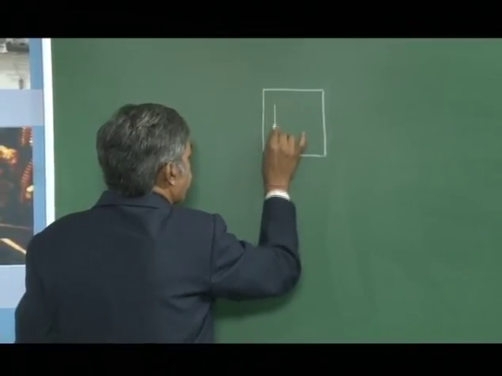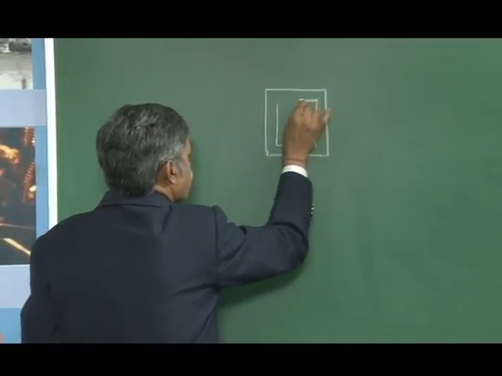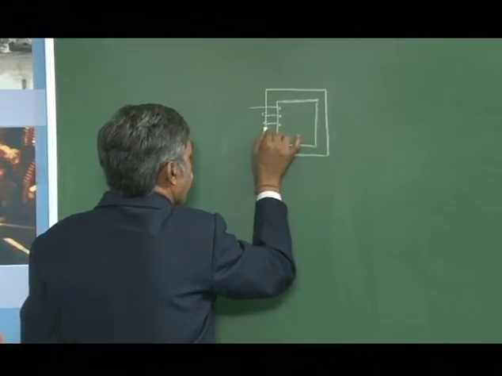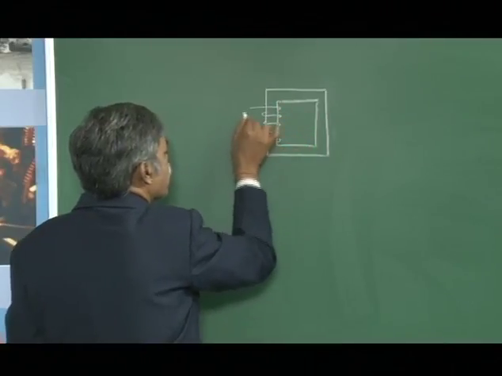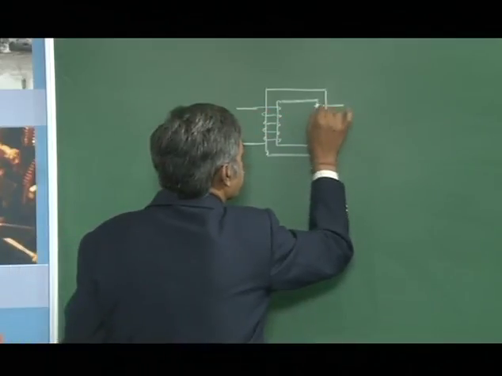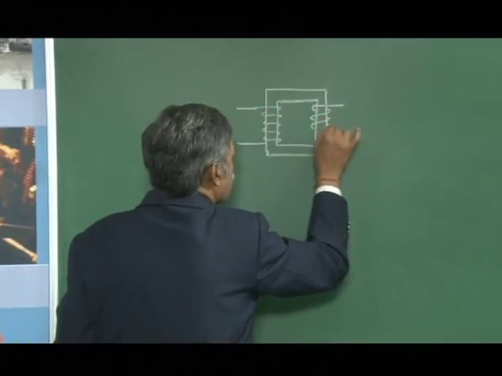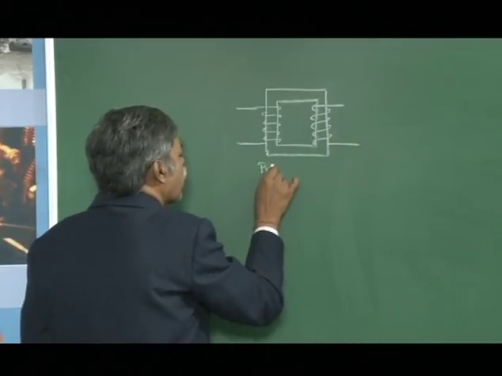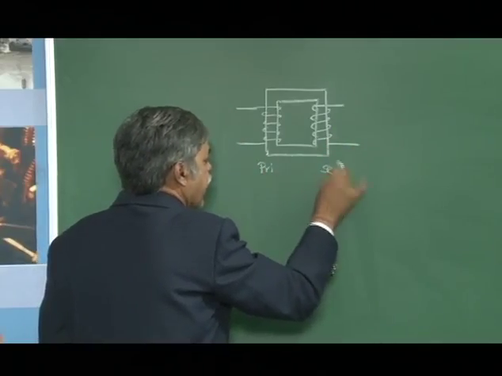Say I have a transformer like this. This is the core of the transformer, I am just showing a core type. Whatever the type of transformer we are using, this explanation holds good even for that. This is the primary winding of the transformer, and this side I have a secondary winding.